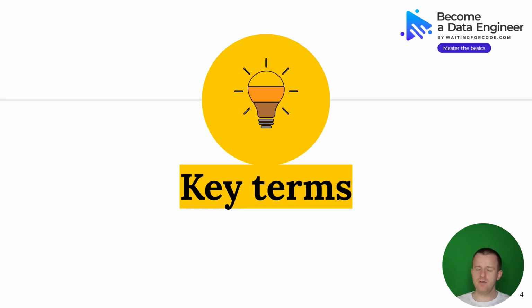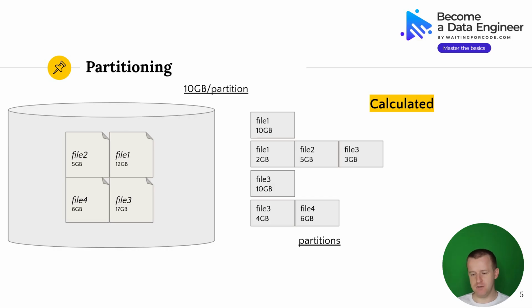And it's also important not only to know about this distributed data division, but also about some key terms that you will encounter in learning a distributed data processing framework like Apache Spark or Apache Flink. So the first one is partitioning. That's something we saw in the previous slide.